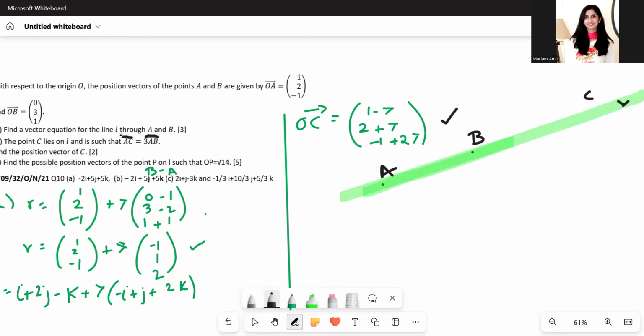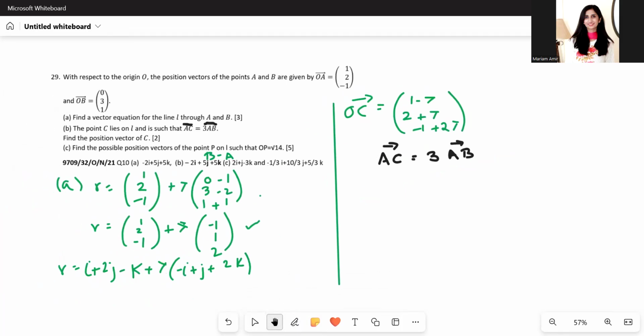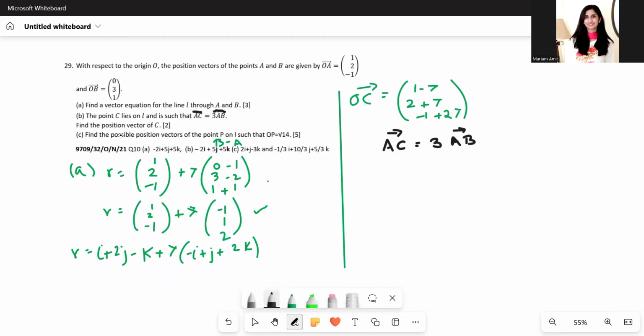But anyway, since C lies on the same vector line, you can imply that the vector AC is equal to 3 times the vector AB. Now, instead of using this to find the position vector, we're going to break this into the difference of their position vectors.